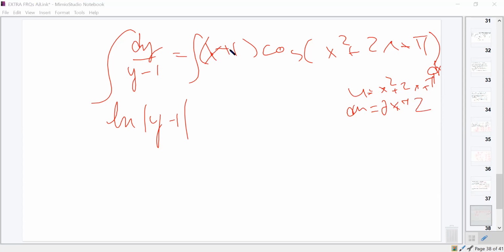And we'll then have to put a 2 on the inside and a 1/2 on the outside. If I put a 2 on the inside and I distribute it through the x plus 1, that'll become 2x plus 2. And then the 1/2 on the outside. So we end up with 1/2 the integral of cosine u du.